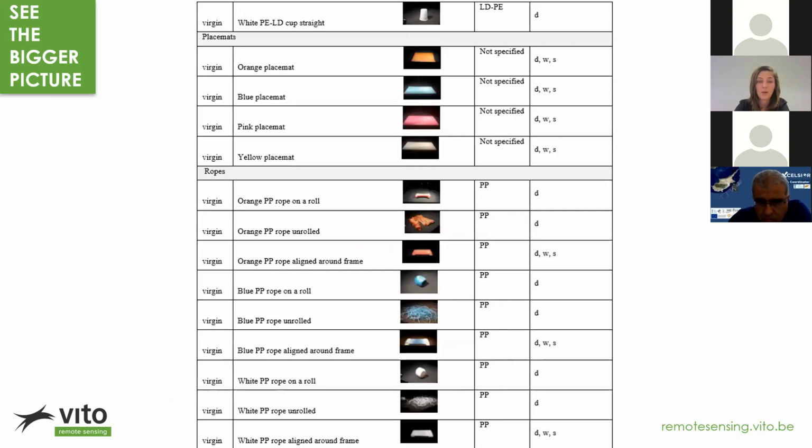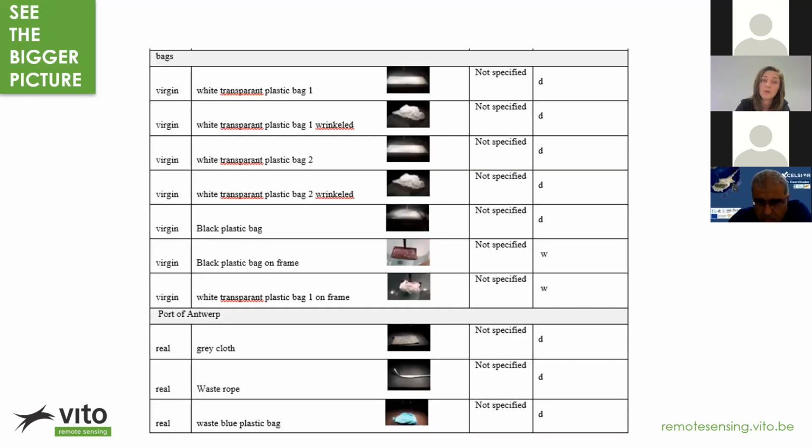Some cups, some placemats in various colors, polypropylene rope in different colors, but also in different states, on the rope but also unrolled. Some of them were also tied along a frame because this was much easier to control and to submerge in the tank. Also some plastic bags, flat, but also wrinkled.